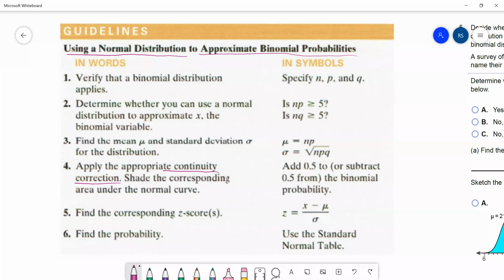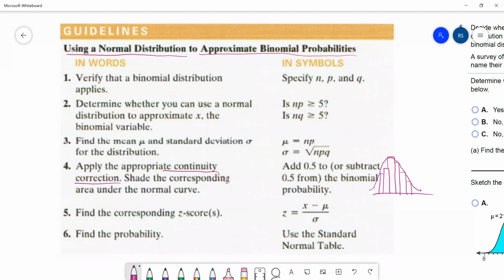And that's because if we remember, our binomial probabilities show up as histograms, to where the normal curve is smooth.